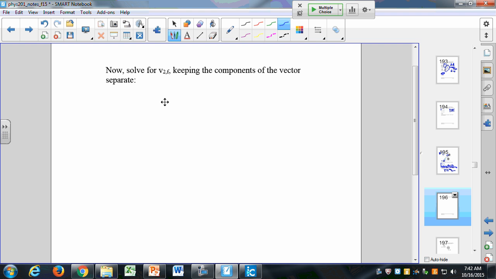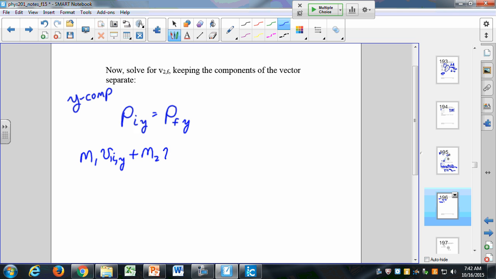So I do the exact same thing again. This is the y component. I say that p initial in the y direction equals p final in the y direction. That's going to be m1 v1 initial in the y direction plus m2 v2 initial in the y direction equals m1 v1 final in the y direction plus m2 v2 final in the y direction.